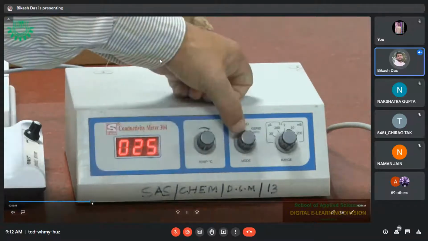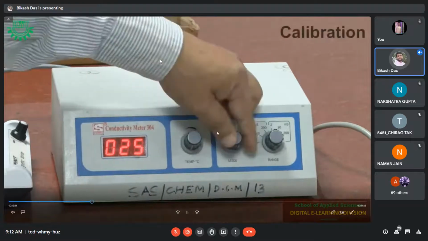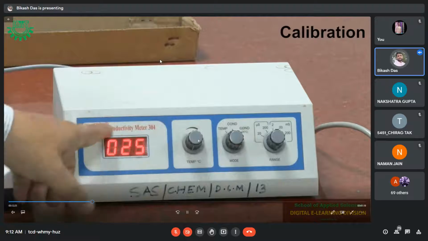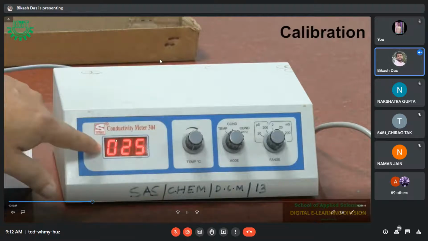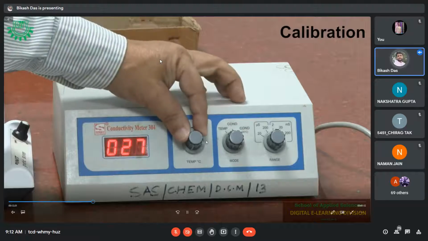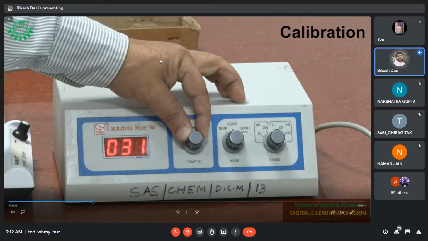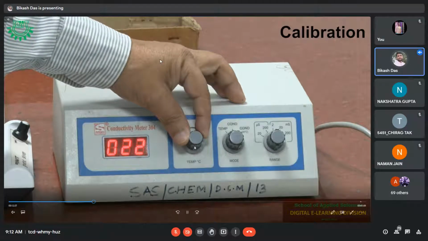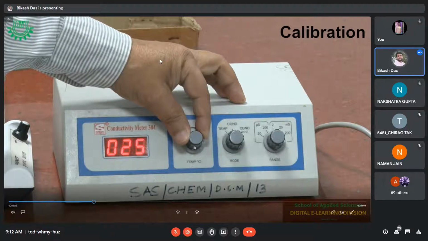First, sir has to change the mode. You see now it is temperature. Using this temperature knob we have to set it to 25, already it is 25 degrees. If it changes, using this knob you can adjust it, right? This is the temperature adjustment knob, you can fix it at 25.